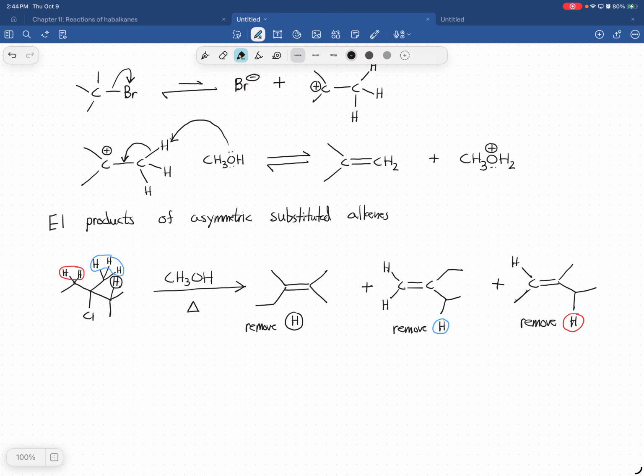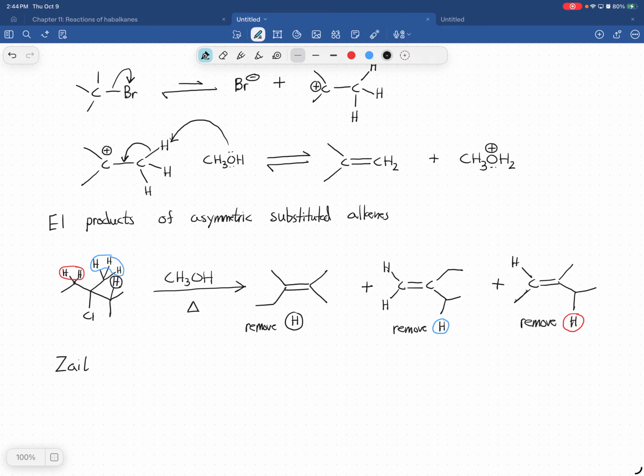Okay. All right. So you may be wondering, which one's the major product? Well, there is a major product. It's called Zaitsev's rule. All right, a Russian chemist who observed this back in, I don't even remember, probably somewhere in the 19th century. Okay, so all right, guys. I know it's almost time, but let's just focus a little more.